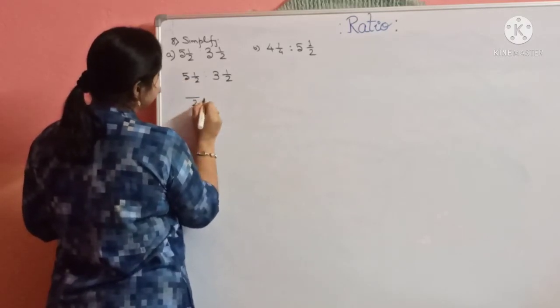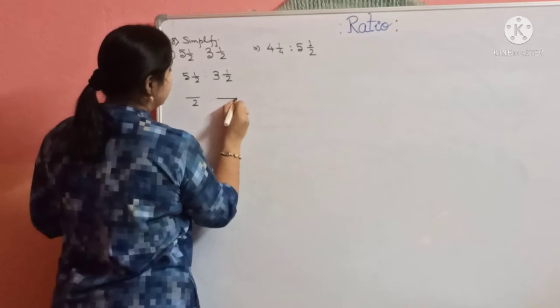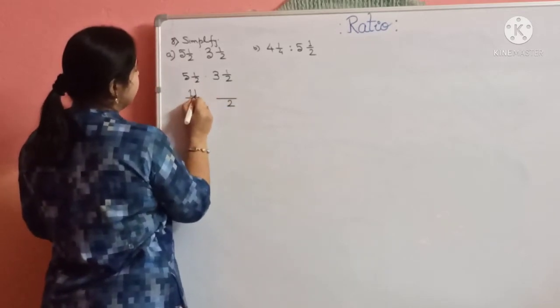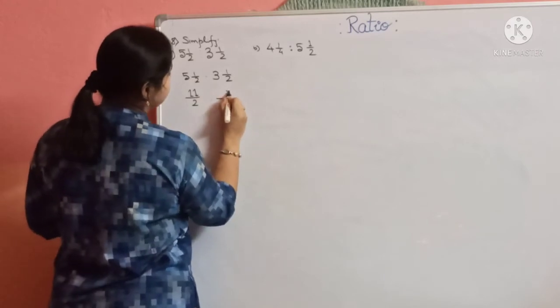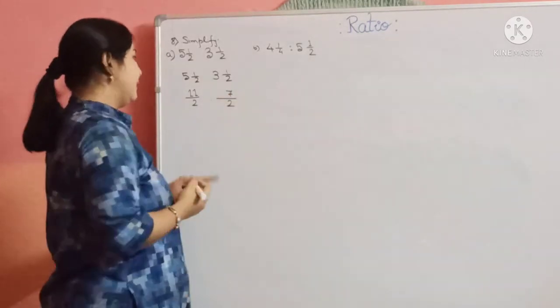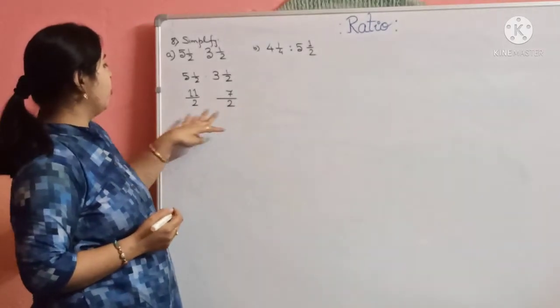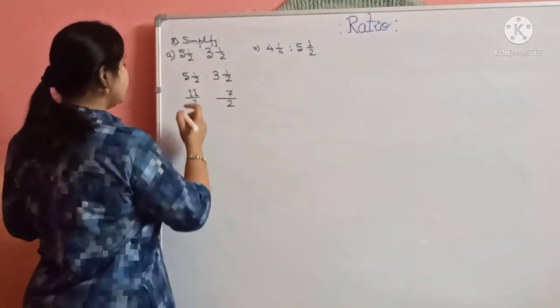Now convert them into equivalent fractions. So here 11 by 2 and here 7 by 2. Since both have the same divisor, what should we do?